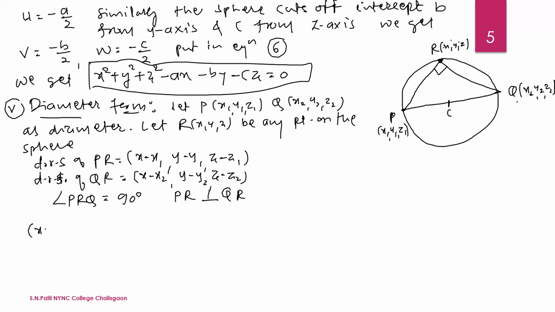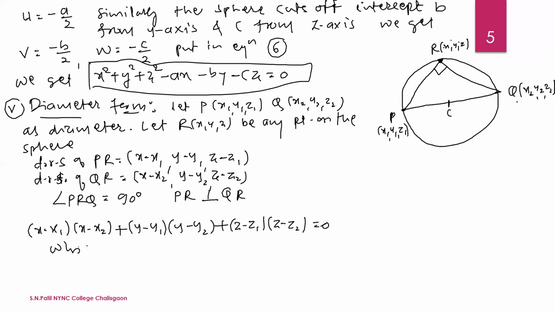That is, (x minus x1)(x minus x2) plus (y minus y1)(y minus y2) plus (z minus z1)(z minus z2) is equal to 0. So this is the required diameter form. Okay, so did you get this point?